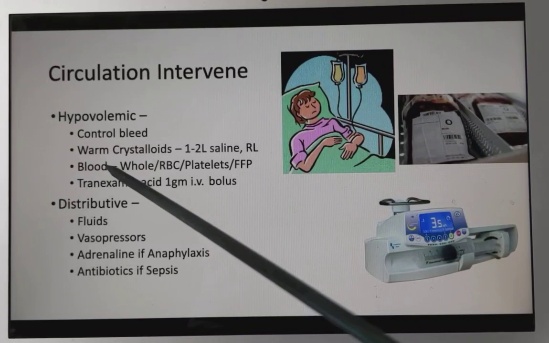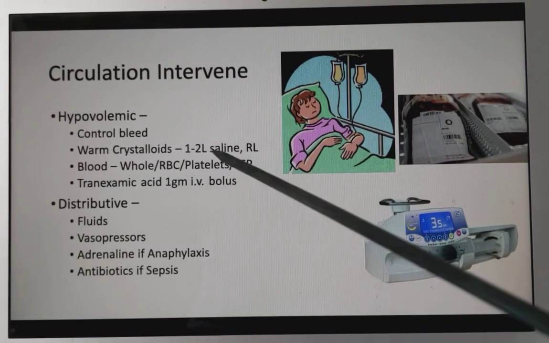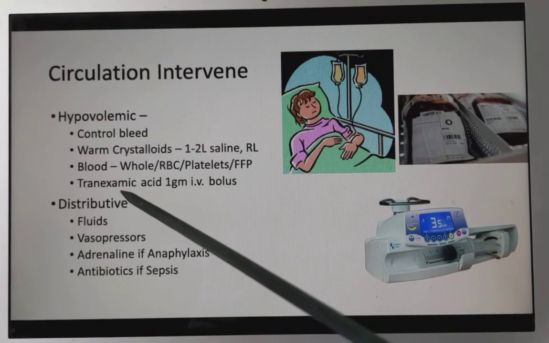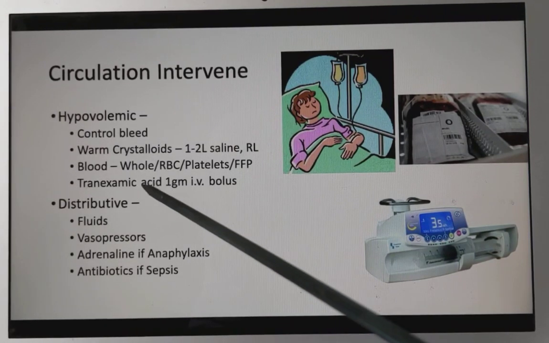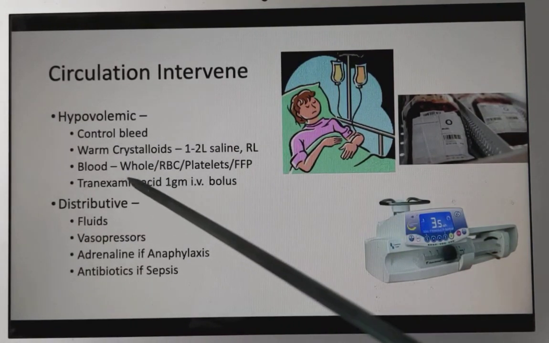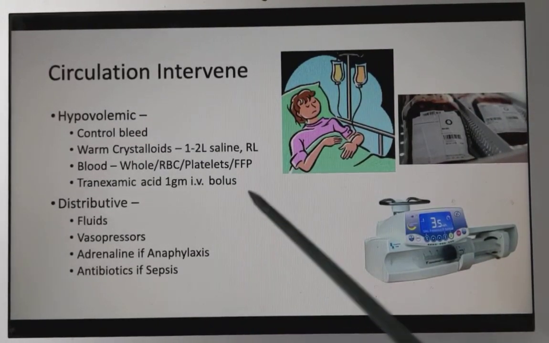You then would give blood products, whole blood, RBCs, platelets, FFPs. These are things to be considered if there's been bleeding. And if it is a case of trauma, then you also need to give tranexamic acid, 1 gram IV bolus in 10 minutes.